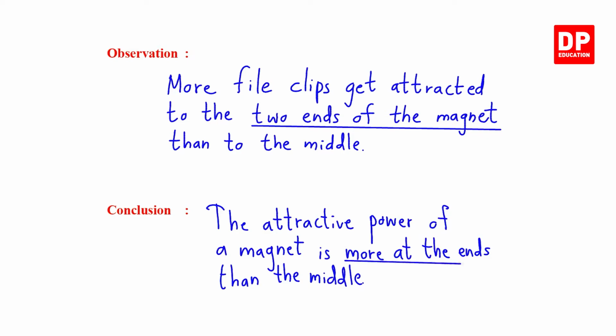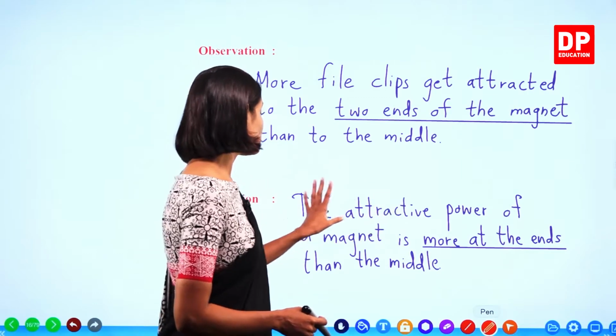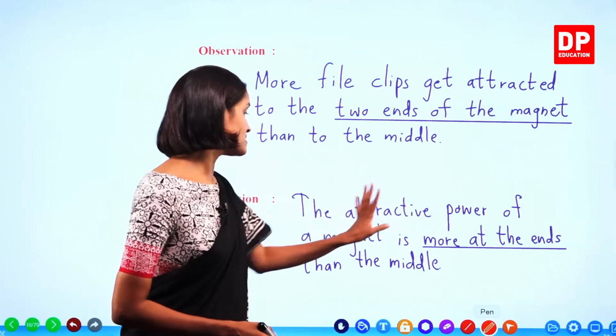Right, more at the ends. The attractive power of a magnet is more at the ends than the middle.